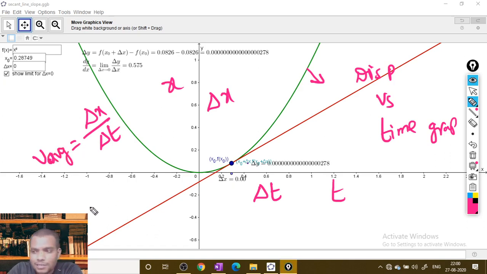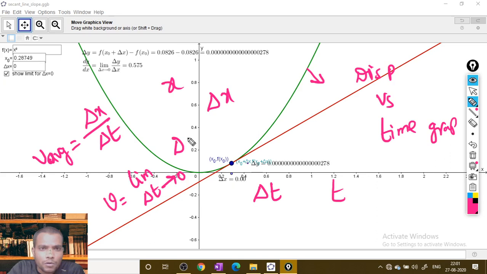But to calculate the instantaneous velocity, we represent it as v equal to, and we need to do a certain operation, that is limit delta t tends to 0. So the change in the time difference is negligible, almost 0.